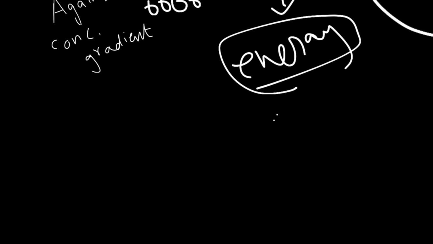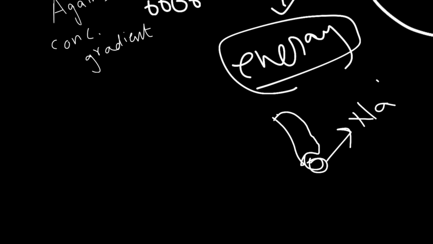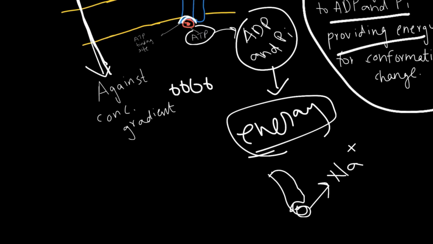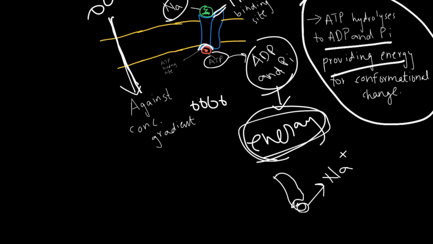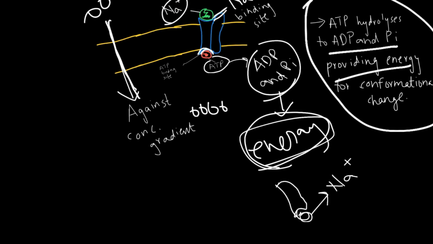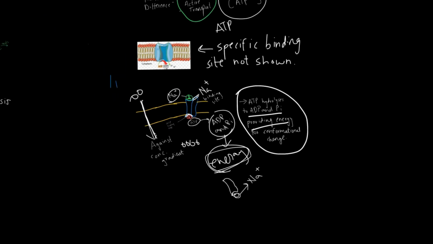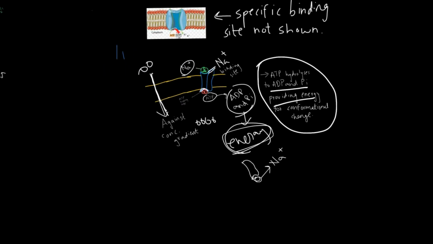So it changes the entire shape and it brings in the specific ion, for example in this case sodium ion, and that is because of the energy that's released through ATP hydrolysis. Now why energy is required is because it's an active transport process. It requires energy. It's not passive, unlike diffusion. So this is what a pump is required for.